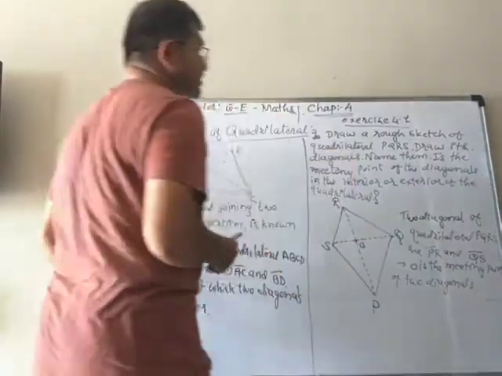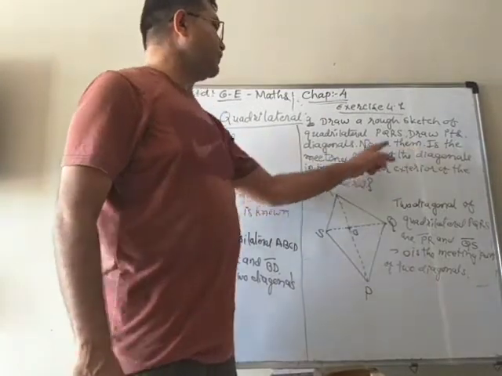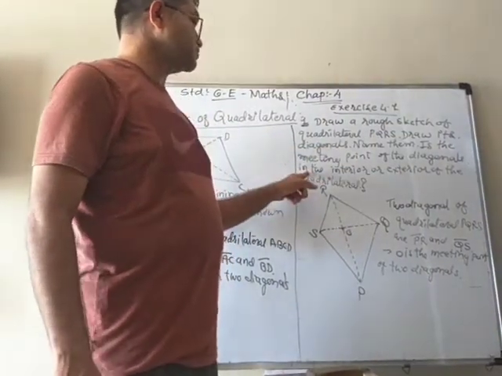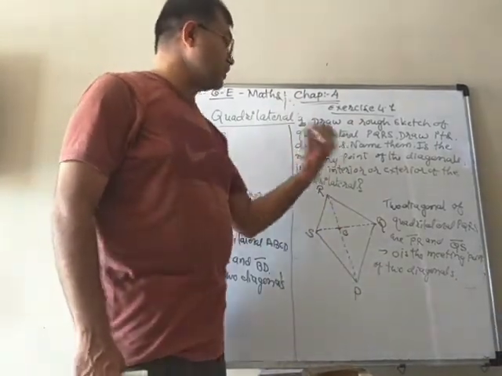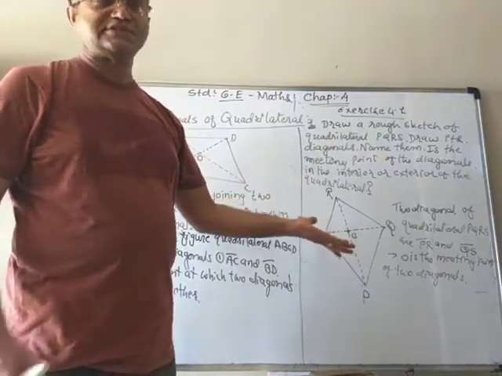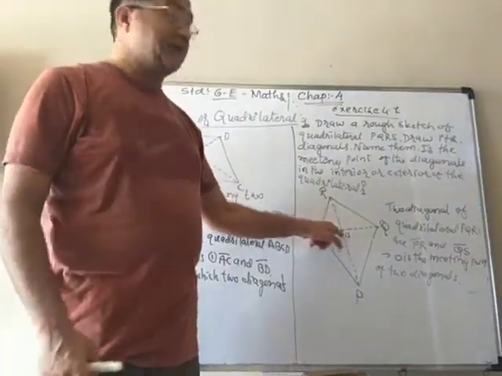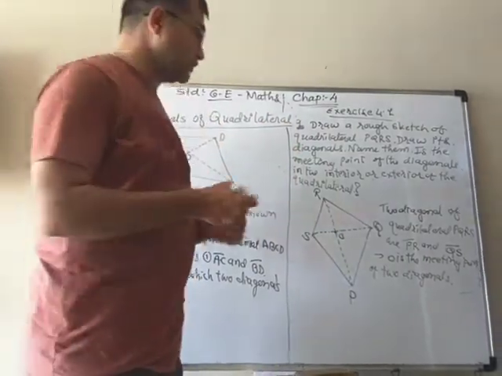Now the last question they asked: is the meeting point of the diagonals in the interior or exterior of the quadrilateral? Obviously, we can see here that the meeting point is in the interior of the quadrilateral.